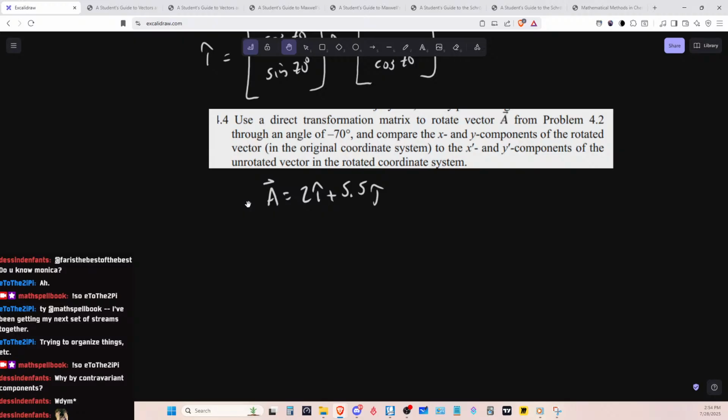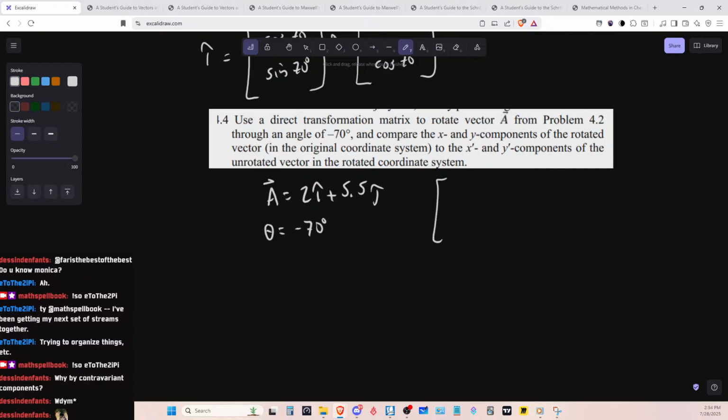Alright, so through the angle of -70. The direct transformation matrix, okay, so the direct transformation matrix is this one.